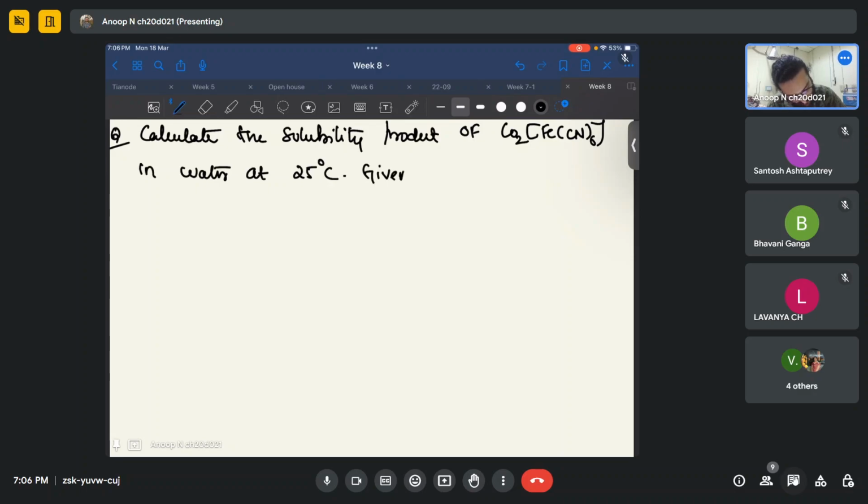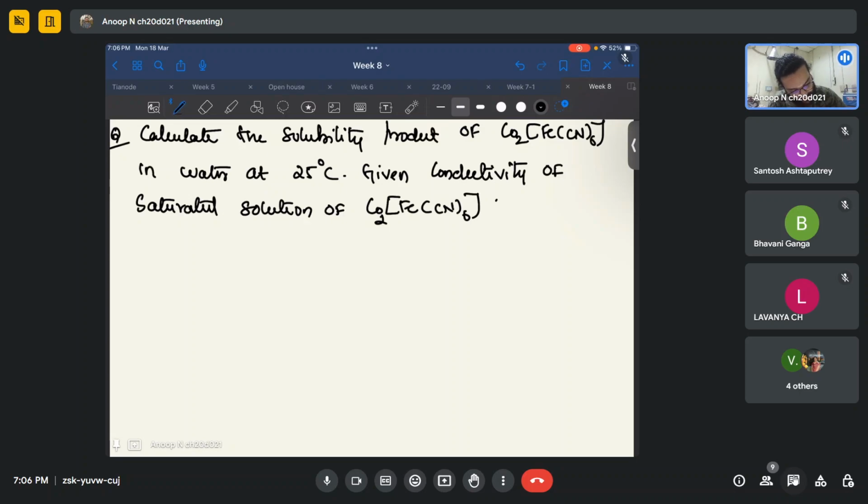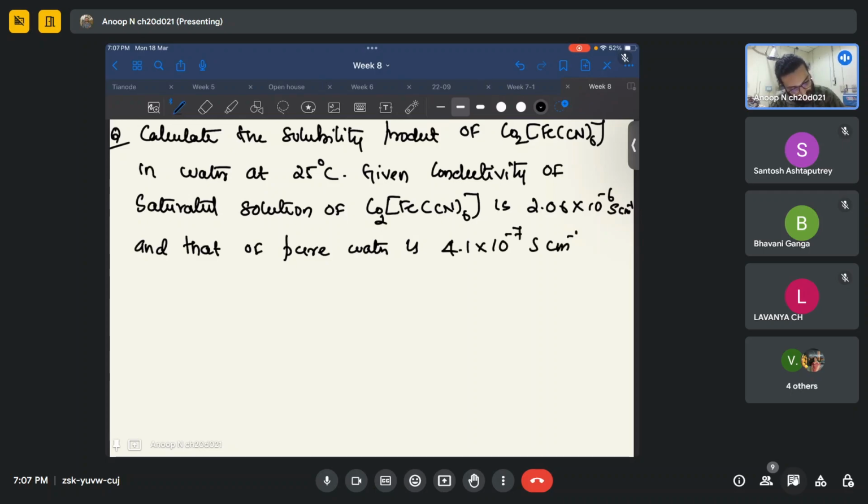Given the conductivity of a saturated solution of Co2[Fe(CN)6] is 2.06 into 10 raised to minus 6 Siemens centimeter raised to minus 1, and that of pure water is 4.1 into 10 raised to minus 7 Siemens centimeter raised to minus 1.